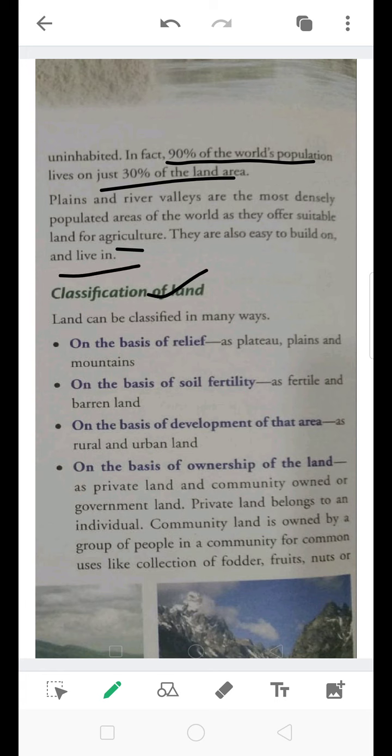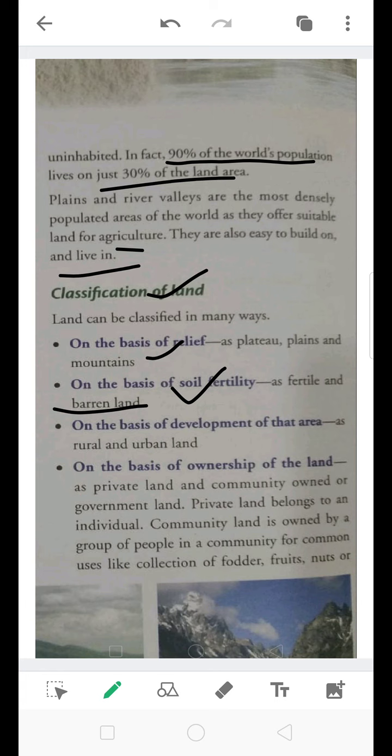Now, coming on to the classification of land, how can we classify land in different ways? The very first is on the basis of relief, that is plateau, plains and mountain. If we talk about fertility, that is soil fertility, then on that basis it is either fertile land which can be used for cultivation, or barren land, that is land which is of no use.